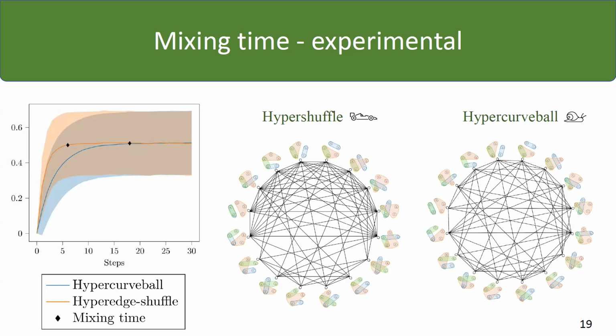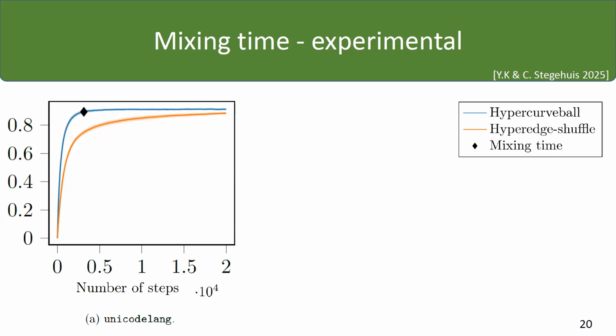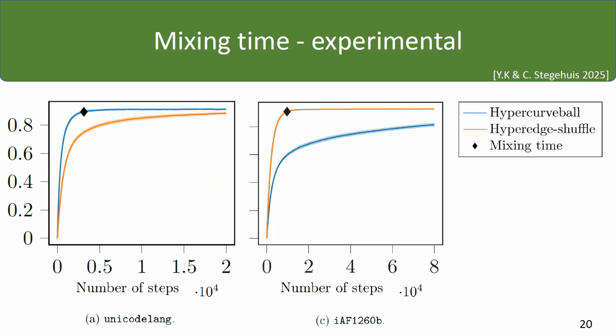We did experiments like this as well for real systems, bigger data sets. We found some results which are the opposite of what we just saw. Here the hypercurveball algorithm is faster. The other one hasn't even converged yet after many steps. And we saw systems which are kind of similar to what we just saw.